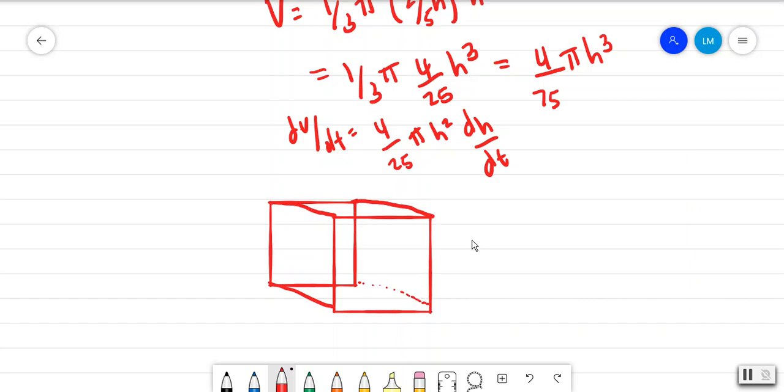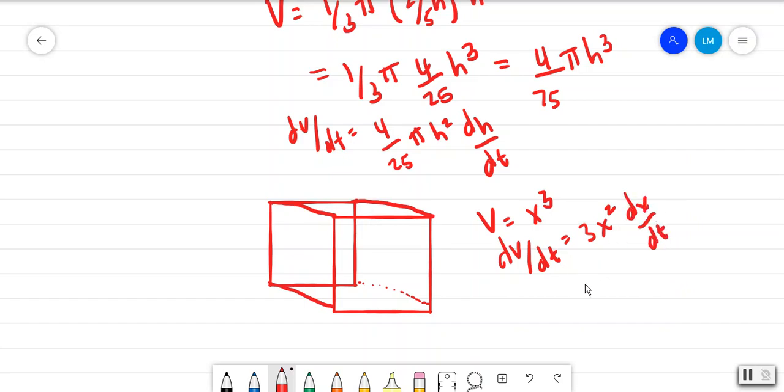So let's just say volume equals x cubed. Then the related rates would be that dV/dt equals 3x squared times dx/dt.